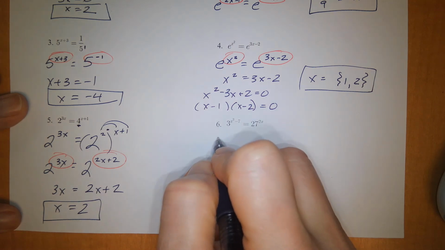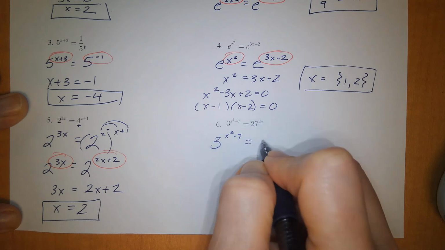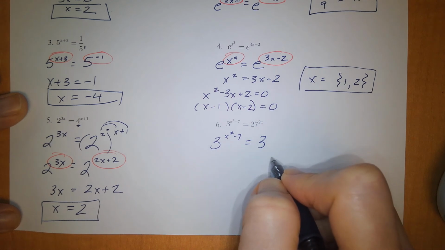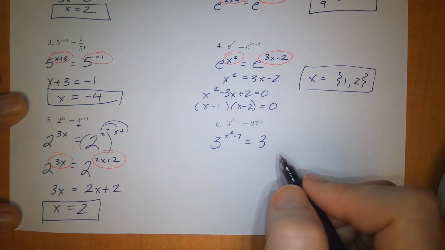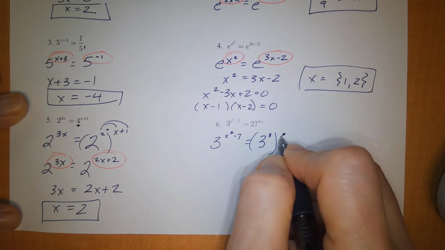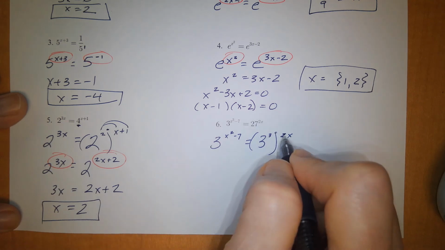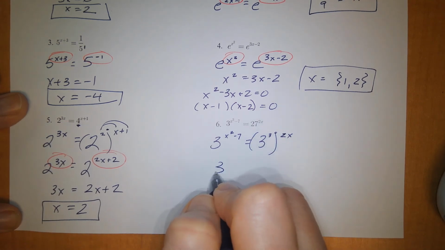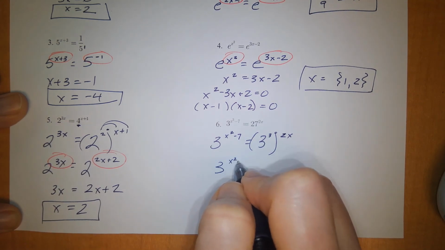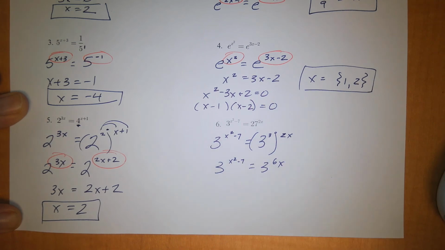And last one, 3 to the x squared minus 7 equals 3 to the what power makes 27? 3 to the third power makes 27. So we're going to multiply those two powers together. So this becomes 3 to the x squared minus 7 equals 3 to the 6x.